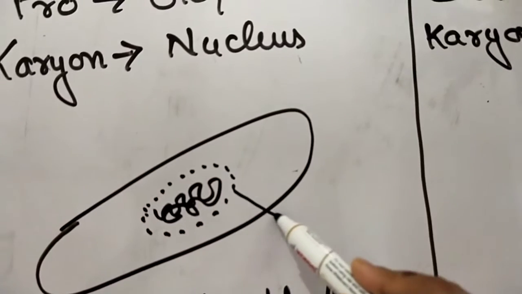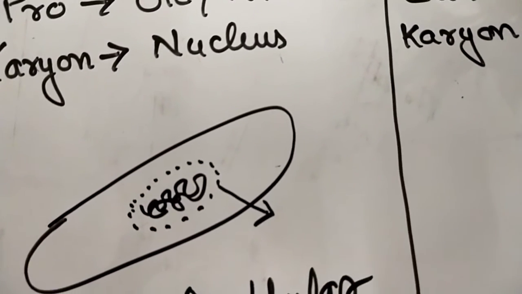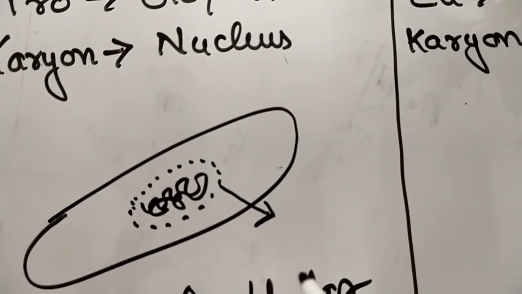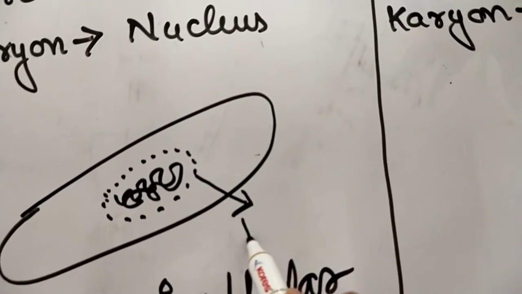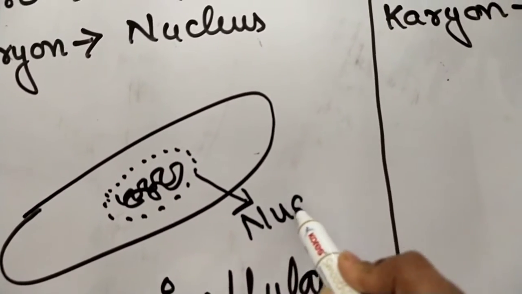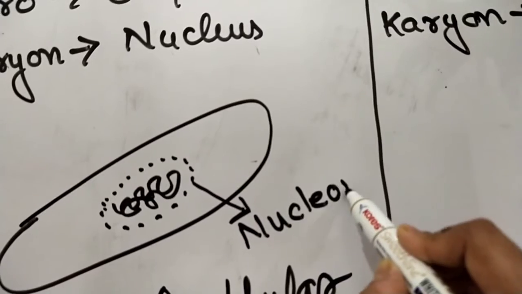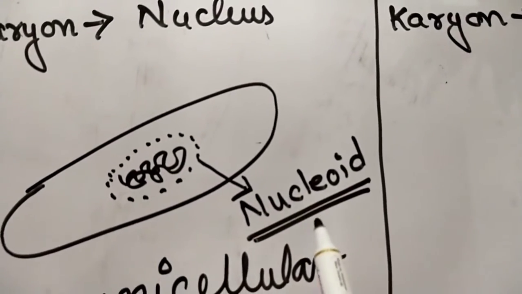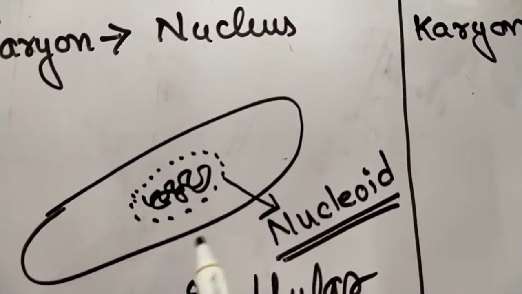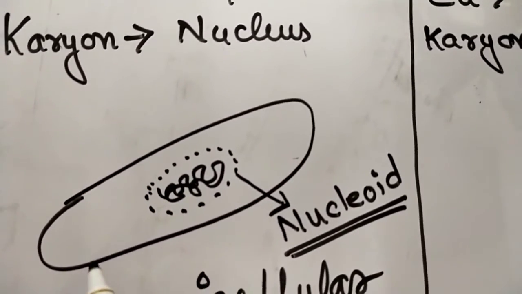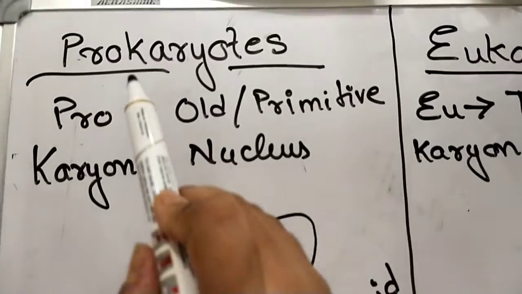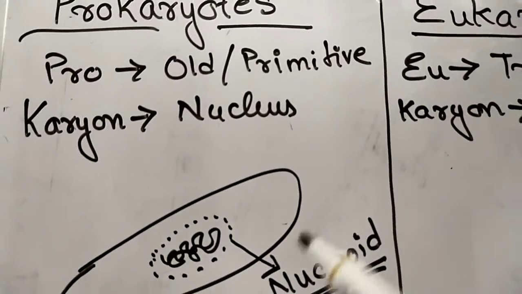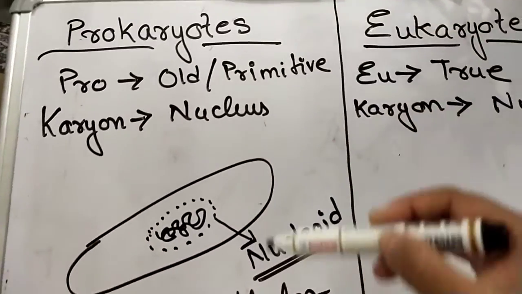And such a nucleus, we won't call a nucleus because there is no nuclear membrane. So we will simply call it nucleoid. When you see the term nucleoid, you will understand that it is an undefined nucleus which is present in bacteria and other prokaryote organisms. So this is about prokaryotes.